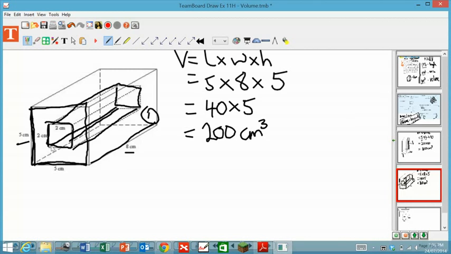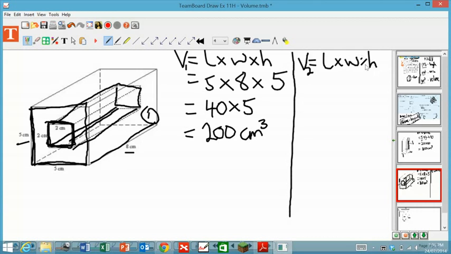Now we've got another little rectangular prism that's been cut out of it, so I'm going to calculate that volume. So that's volume 1. This is volume 2. Again, length by width by height, which equals, what's my length and width and height? I know my length here is 2 centimeters. What's my width?